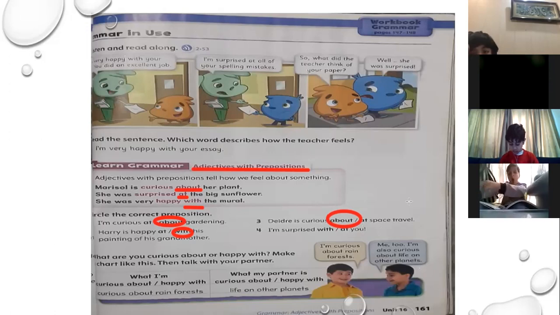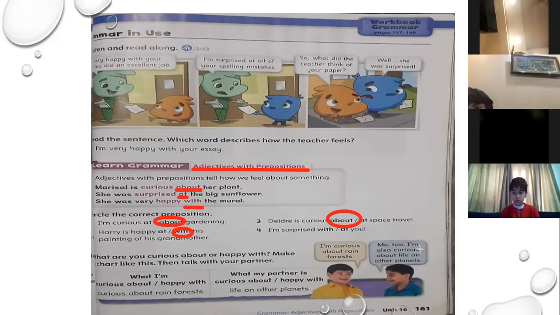Just mute yourself. I'm surprised dash you. Yes, Adam? I am surprised with you. No, with will not come. I'm surprised at you.